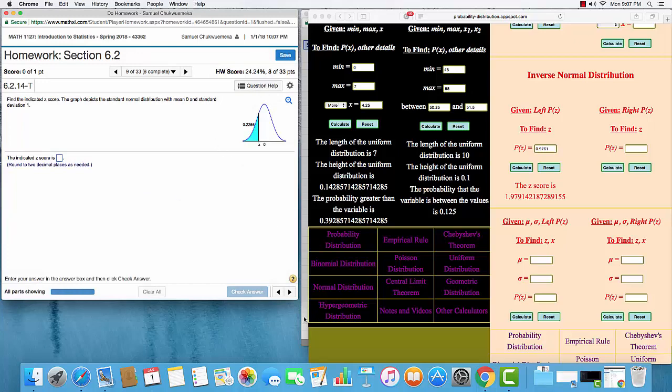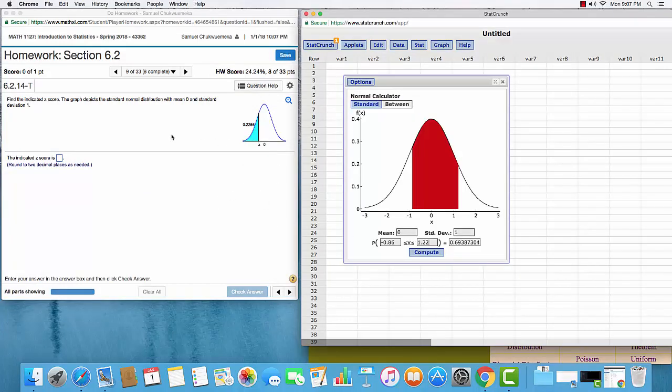Question 9, StatCrunch. So in this case, this is also area to the left. But this is less than, not between. So press standard. In this case, they gave us the probability, and we need to find the z-score. So like I said, this x is actually your z, because this is a standard normal distribution table.